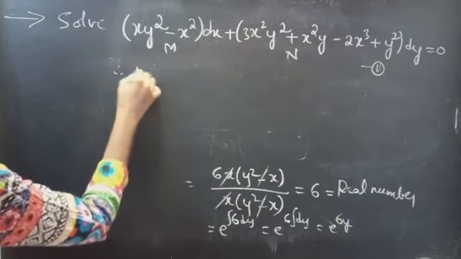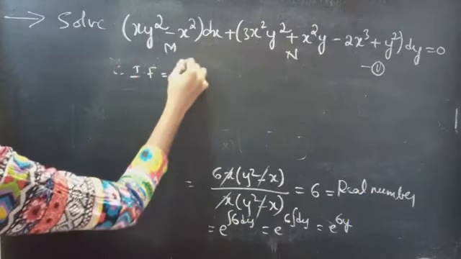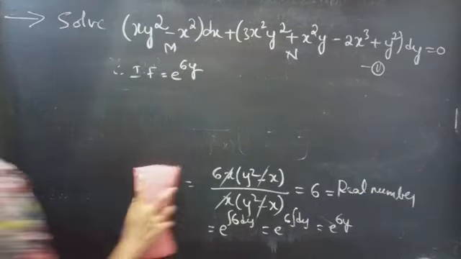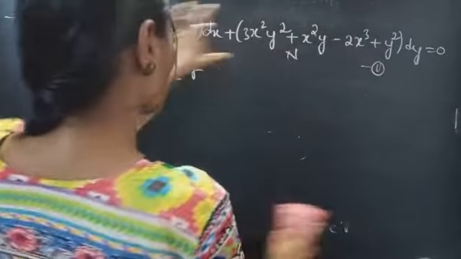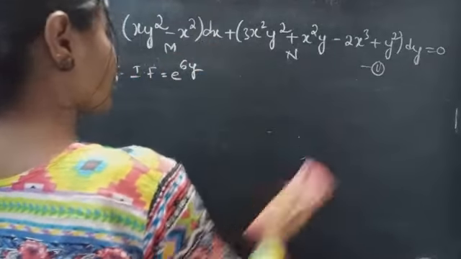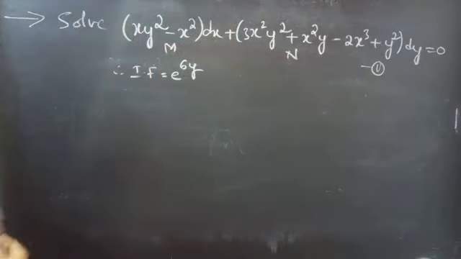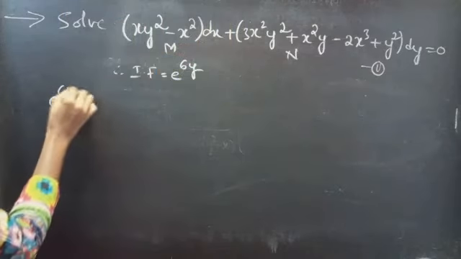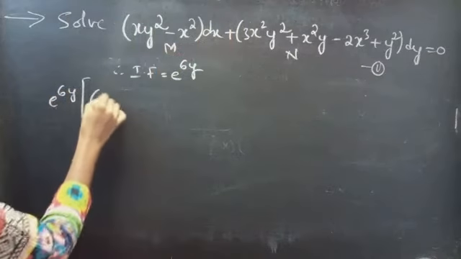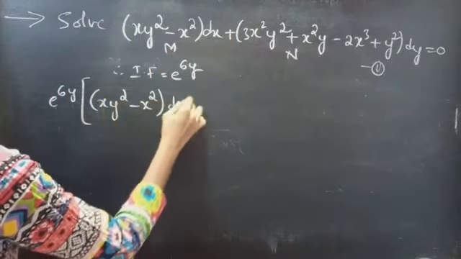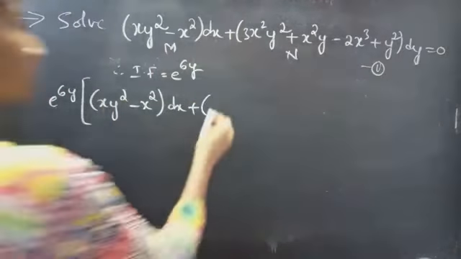Therefore, our integrating factor is e power 6y. Now, we can reduce the given differential equation, that is non-exact equation, to an exact equation by multiplying it with the integrating factor. E power 6y times the given equation gives an exact equation.